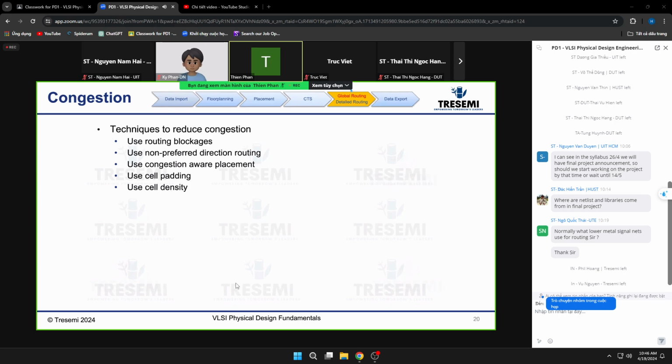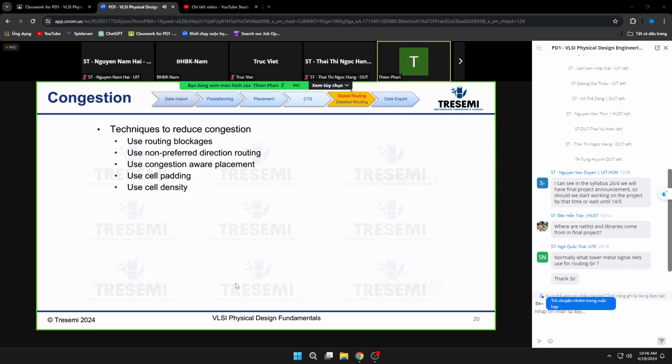So if you have a few very, very bad negative slacks, it's harder to close timing, or you have a lot, right? The total negative slack is so large, even though the worst negative slack is not that much, right?